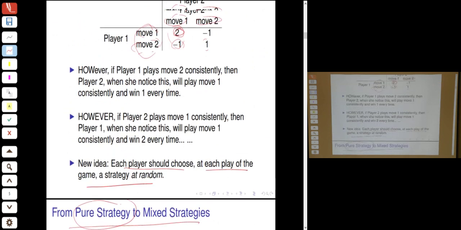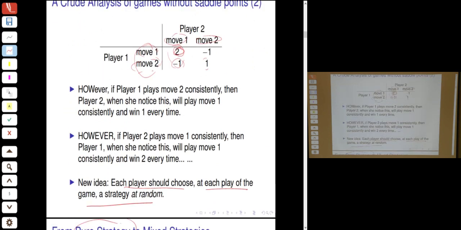previously you had, let us say, 2 strategies possible, move 1 and move 2, and your goal was to decide whether it was better to play move 1 or it was better to play move 2. But that is in the setting of pure strategies.